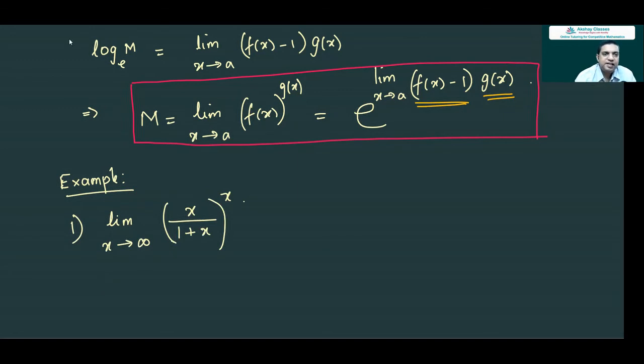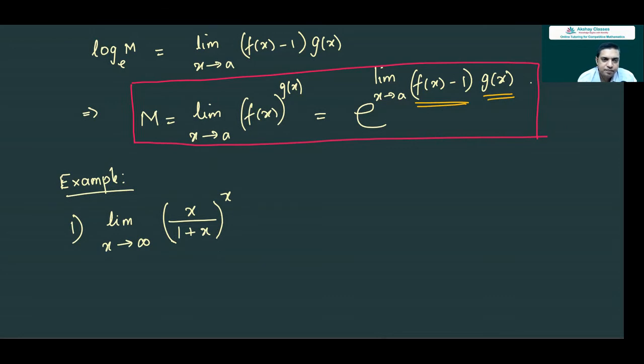Now, which form is this in? Anybody? Numerator is going to infinity, denominator is going to infinity, and this x. So what is this form in?